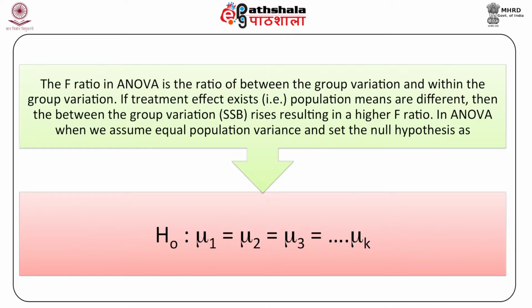In ANOVA, when we assume equal population variance and set the null hypothesis as H naught: mu1 equal to mu2 equal to mu3 and so on up to mu k, then both the within group mean sum of squares, MSW, and the between the group mean sum of squares, MSB, can be shown to be unbiased estimators of population variance. Therefore, for the null hypothesis to be true, MSW is equal to MSB.